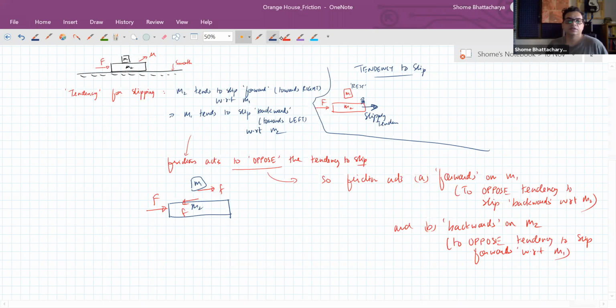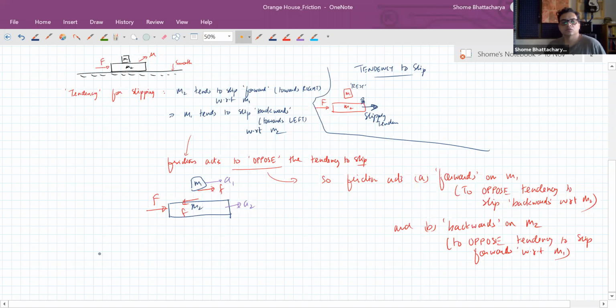So as a result of that, this block will have some forward acceleration. This block will also have some forward acceleration. As a result of applying the force, there is a friction that acts on M1. So M1 cannot remain at rest. The moment we apply some force, M1 also has to start moving. Now obviously M2 will be moving because there is no friction on the ground.